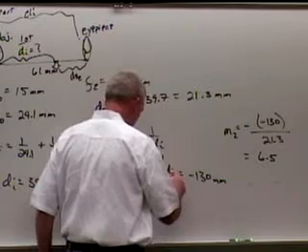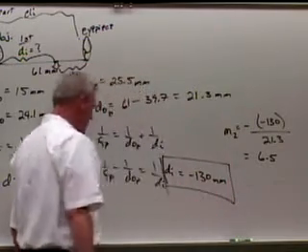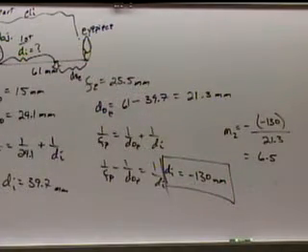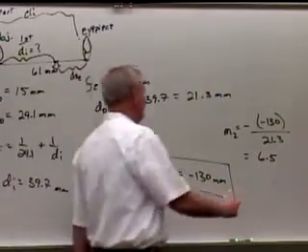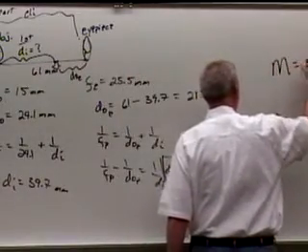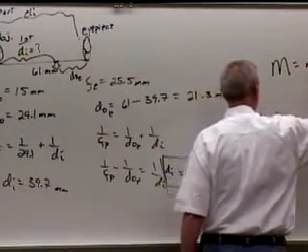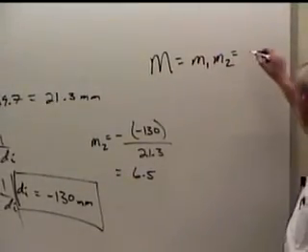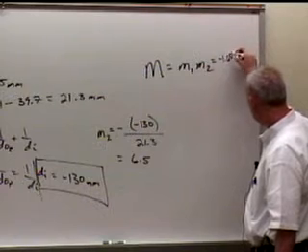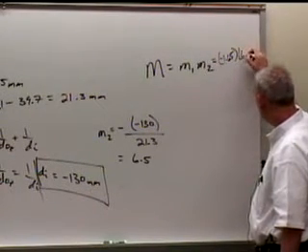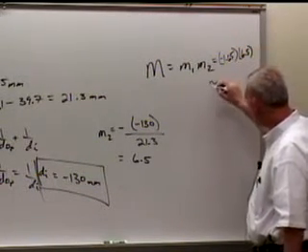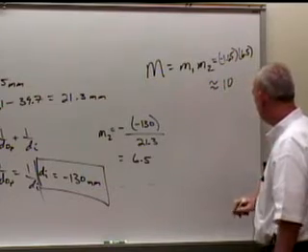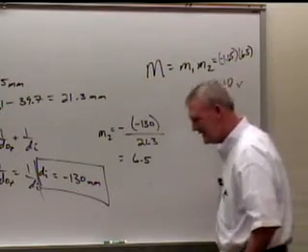This was actually when we're done. That was the actual answer. But the overall magnification is equal to just M1 times M2. So you get negative 1.65 times positive 6.5. And it's about 10. It's about 10 times magnification.